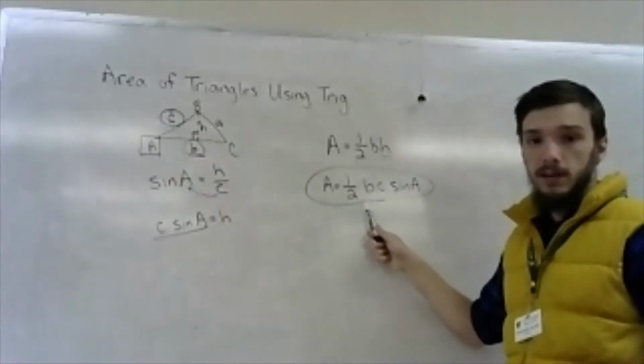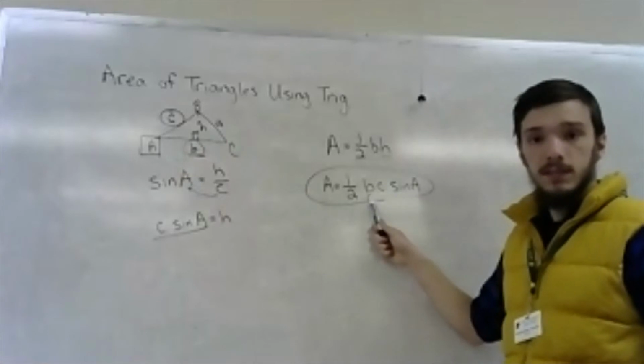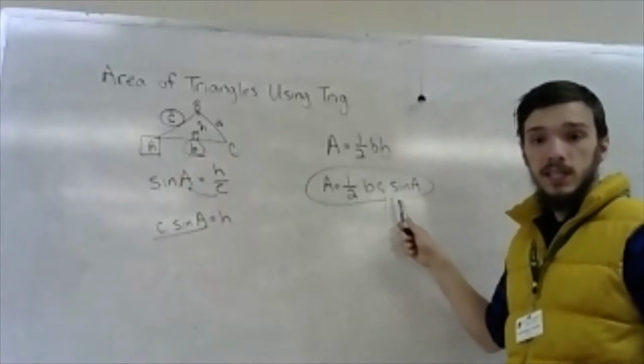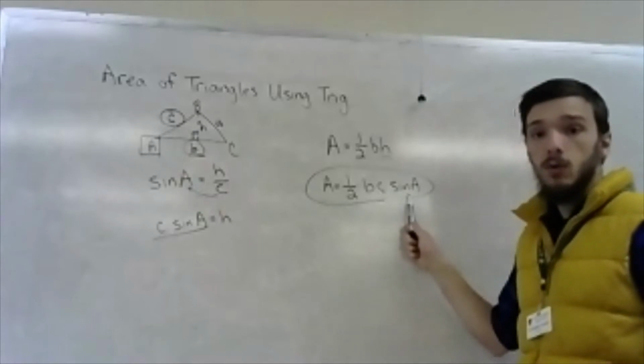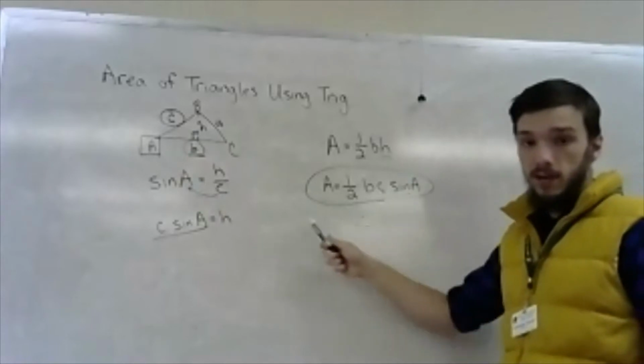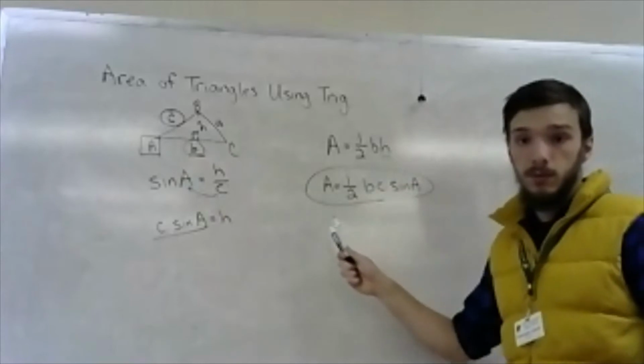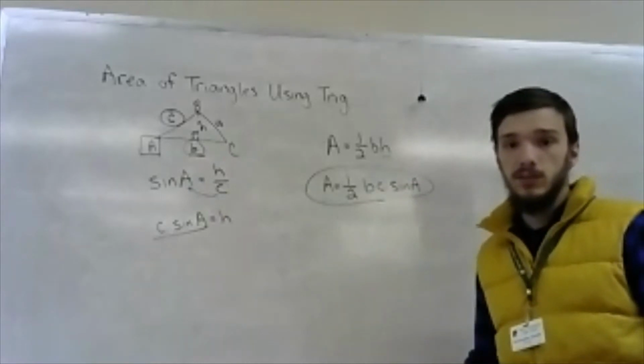Area equals 1/2 times one of your given sides times your other given side times the sine value of the angle in between them, in order to find the area of any triangle, regardless of if it's a right triangle or not.